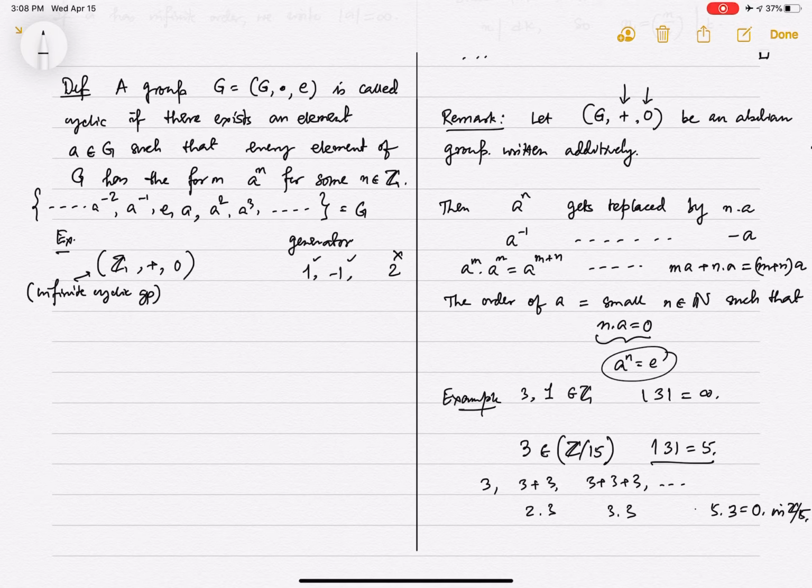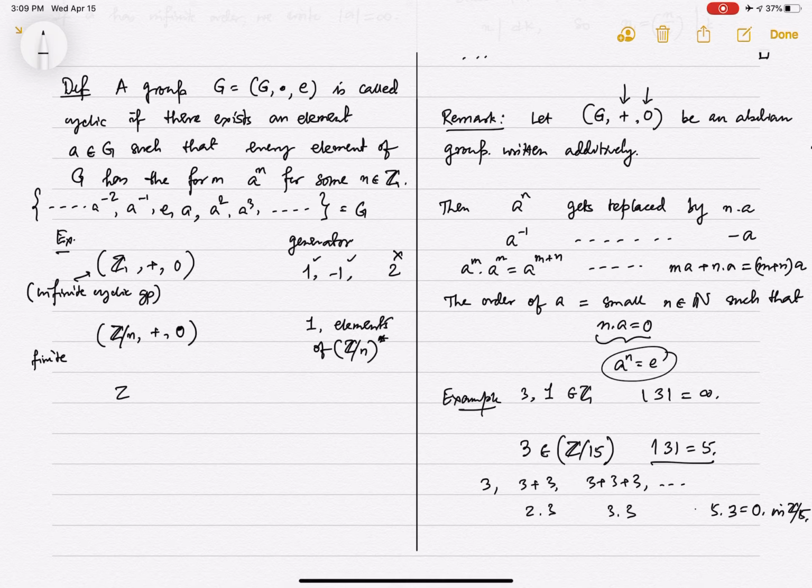If you take Z mod n, that's a finite cyclic group. And again, 1 is a generator, but there are plenty of others. Actually, you can check that elements of Z mod n star, the congruence classes that are relatively prime to n, these are all the generators.